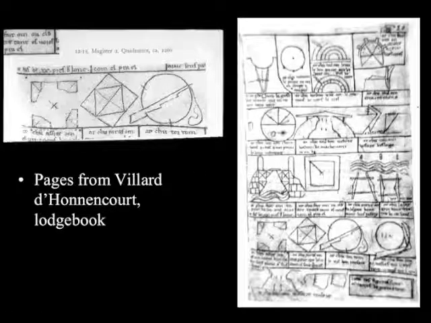But some of the pages seem really aimed at instruction, really aimed at teaching lessons. For example, this page is pretty interesting. We see some things that are fairly straightforward, like, here's how you make an arch. You get a bunch of voussoirs, you might make some formwork beneath it, or here's how you make a kind of water wheel, if you're interested in that.